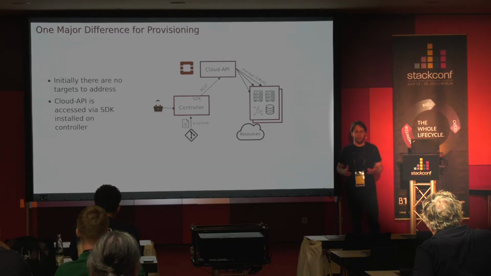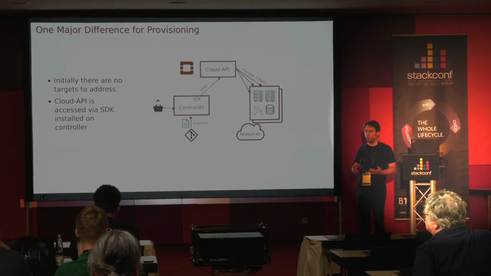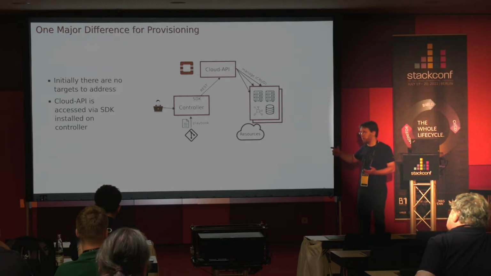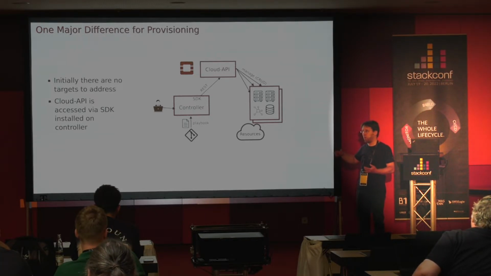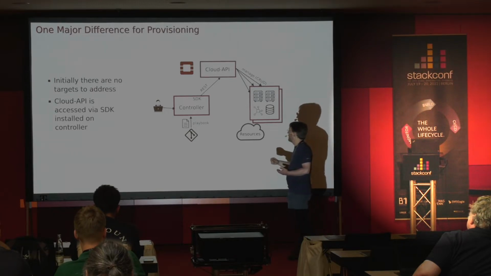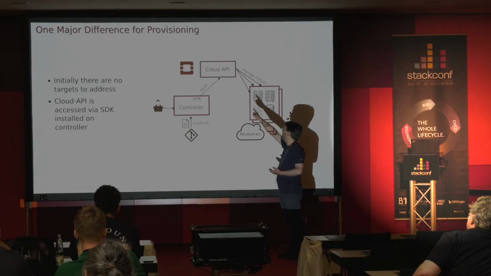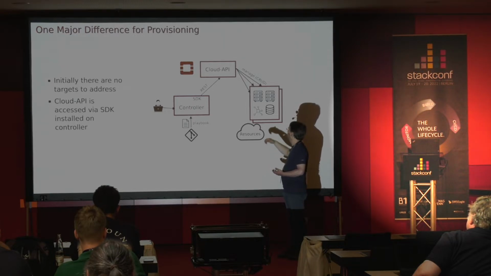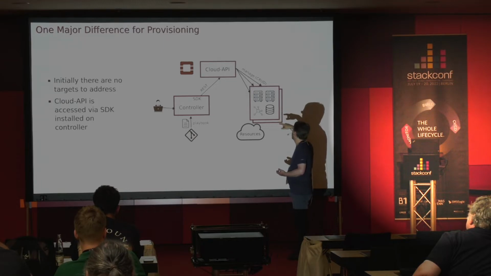So we have to create it in some way. And we cannot connect to a system which is already there. That's why we connect via a REST call or several REST API calls to the cloud API, in our case OpenStack. And that in turn manages the infrastructure itself.